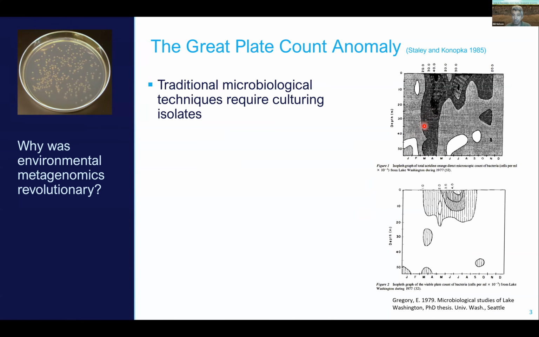He took the same samples and did a plating assay to do the counting. And that's the lower graph here. And you can see that there's a really very large difference in the number of bacteria that are present in the environment that you can grow and that you can't grow. And so this was the Great Plate Count Anomaly.